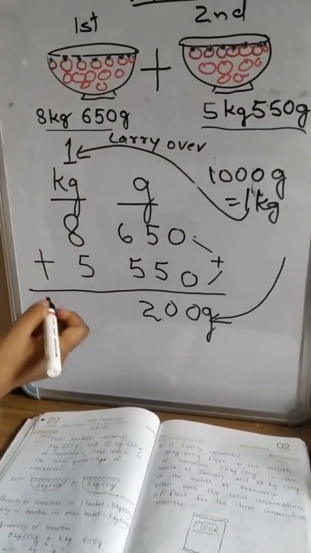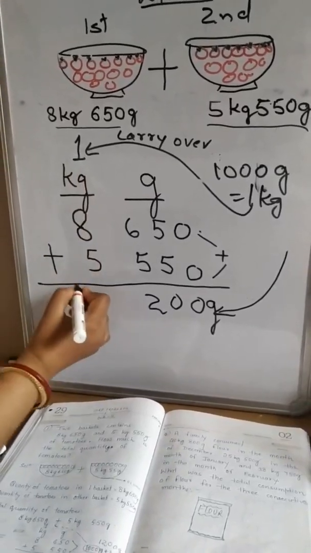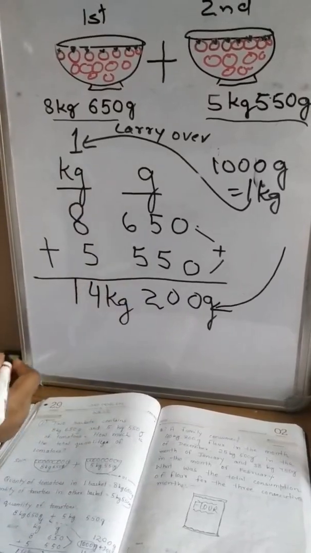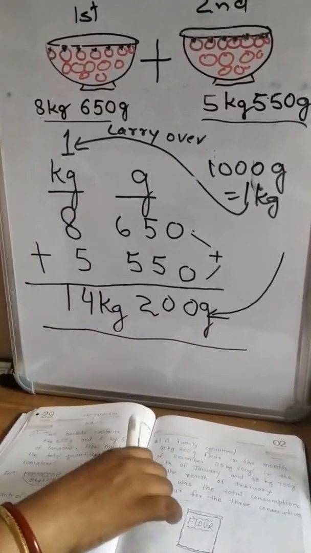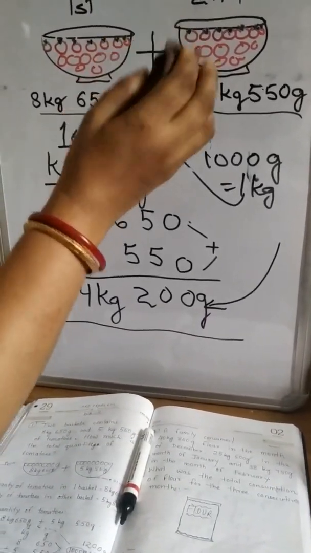So now let's do addition. 8 plus 1 is 9, 9 plus 5 is 14. So it will become 14 kilograms. So the total quantity of tomatoes is 14 kilogram and 200 gram.